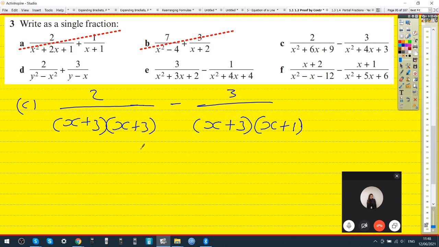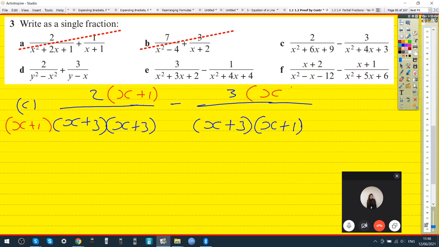That's weird. All right, how do we get a common denominator? We multiply by x plus 1 on the left. And how about on the right? You multiply by x plus 3.